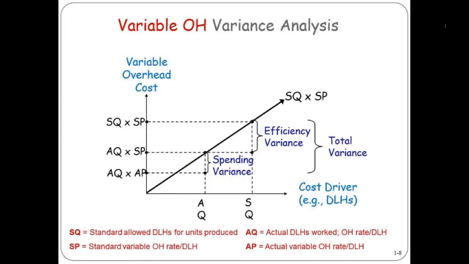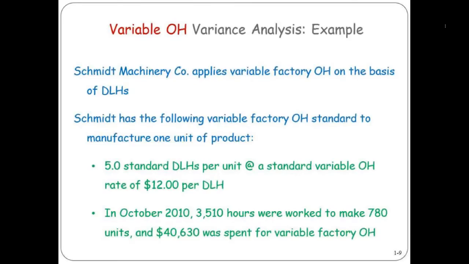From that, just visually, this shows that your total costs will have a spending variance and an efficiency variance. Let's go through an example to kind of bring this to life.